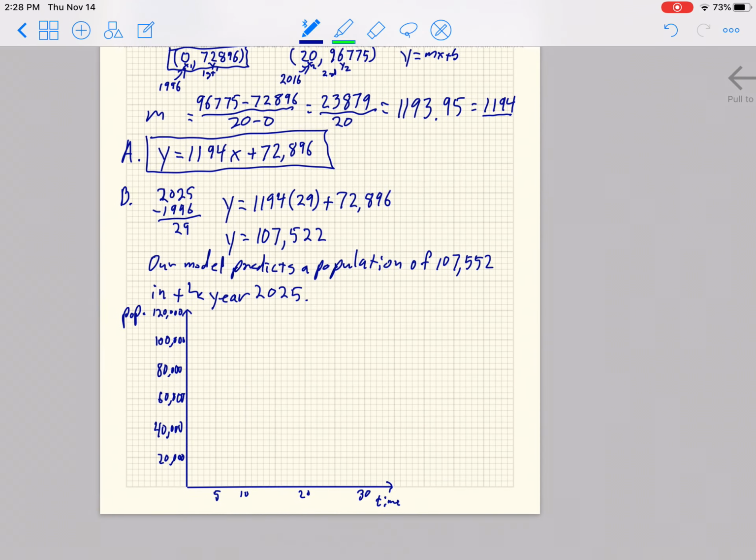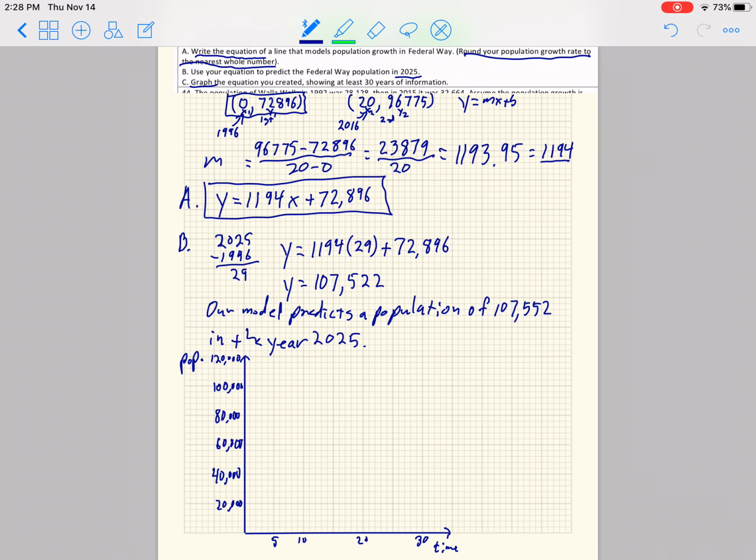All right, and then I've got 3 points I can put on here. So in the year 0, we were at 70, so it's about halfway here. Let's get a different color. So we're a little over halfway to 80,000. In the year 20, we were at 96, so something like here. And then in the year 29, we just calculated 107,000.